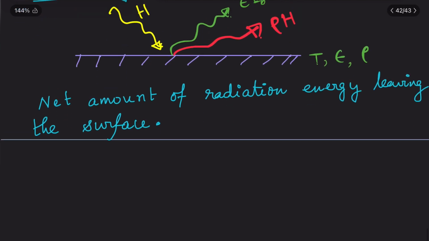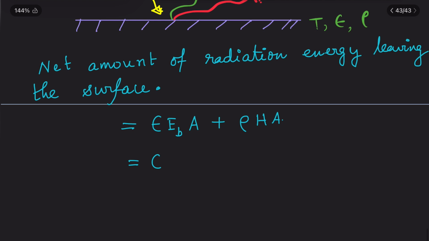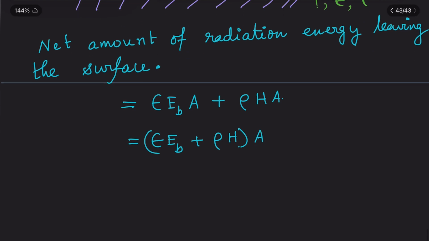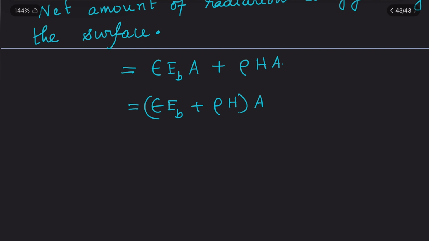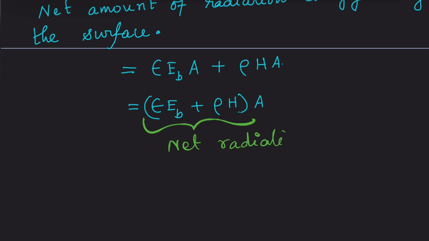That means the net amount is not only epsilon into Eb into A, but this will also include rho into H into A. That means this will be this one plus rho into H. Now this term, that is net radiation flux, is equal to J. And this is called radiosity.